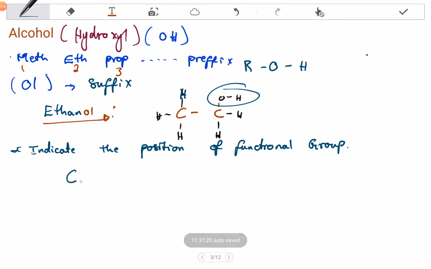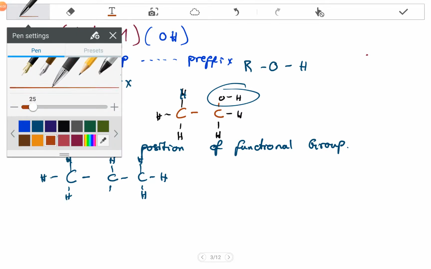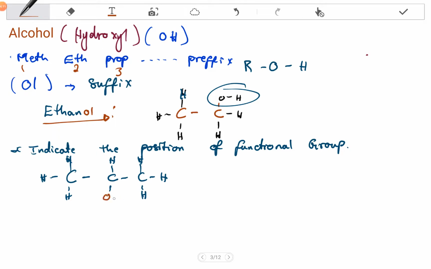But if you have something like this, now I want you to give the name for this one here. Okay, so what's the name of this? Please feel free to pause the video and try. Since you start from here, it still gives the same number for this carbon.